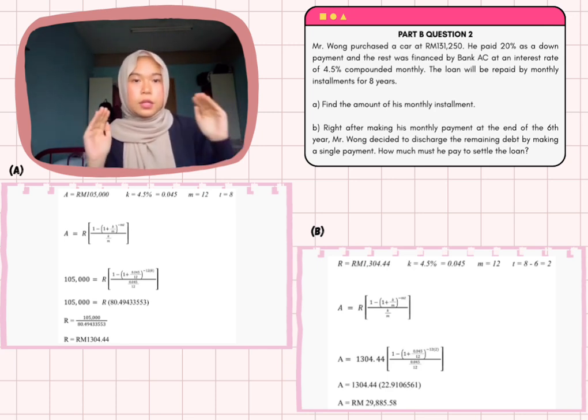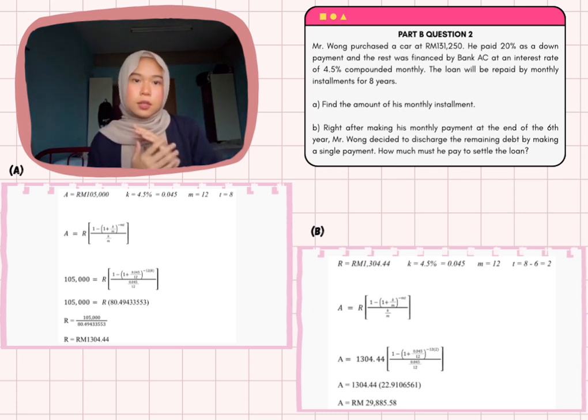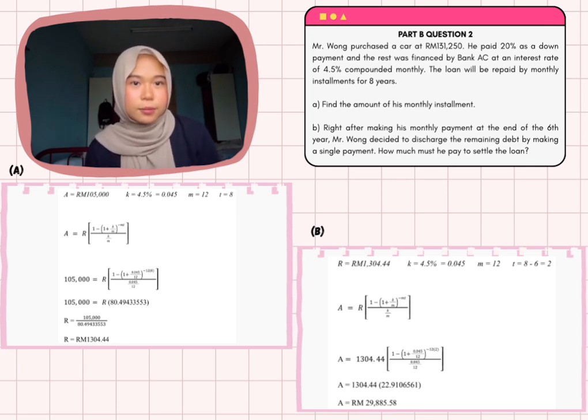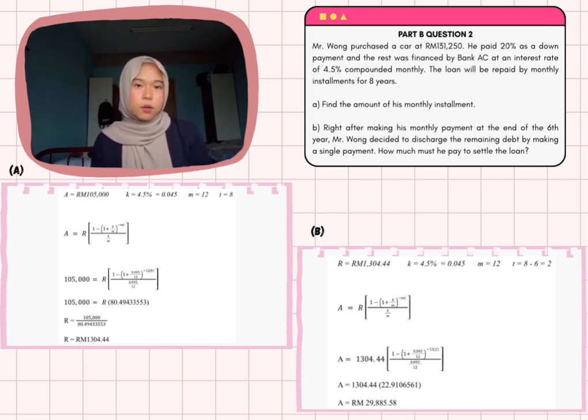After we fill in the values, the final answer for the amount of A is 29,885 ringgit 58 cents. So that's all from me as the last member of this group.